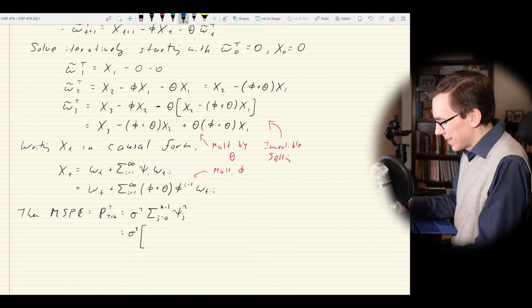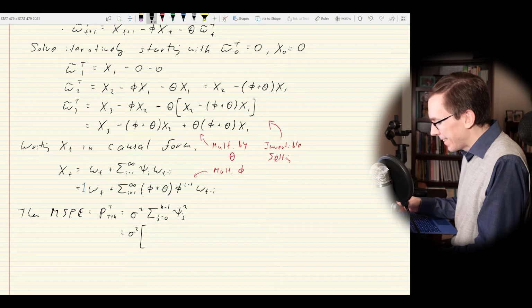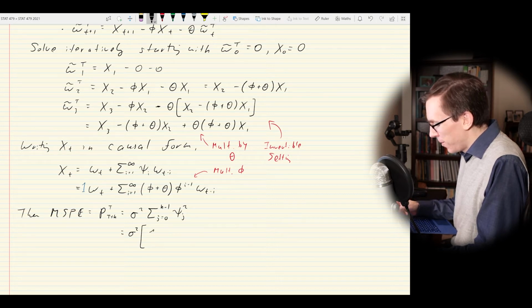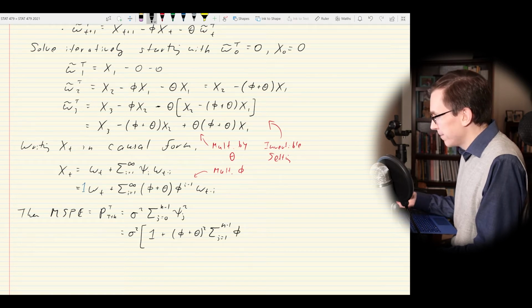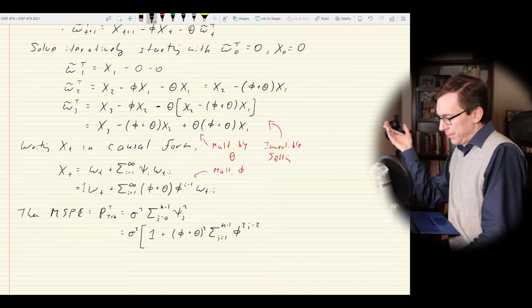That's corresponding to the 1 that's sitting in front of this term out here, but isn't really doing anything. So we get a 1. And then we get the phi plus theta squared. And then we get a summation j from 1 to h minus 1 of phi, and now 2j minus 2.